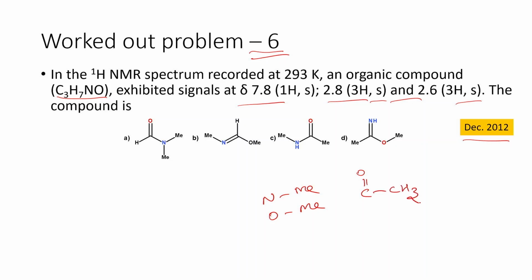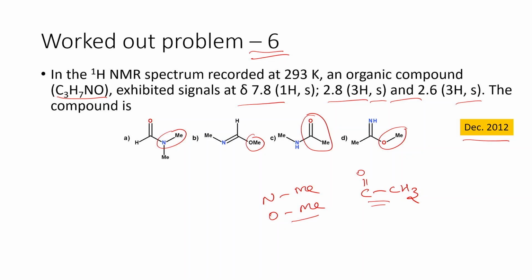In this problem, we have an O-methoxy group, that is, attached to oxygen, and another attached to the carbonyl. Here we have an O-methoxy, here we have an N-methyl. These are all the different types of methyl groups that can come as a single peak, that is, a singlet.